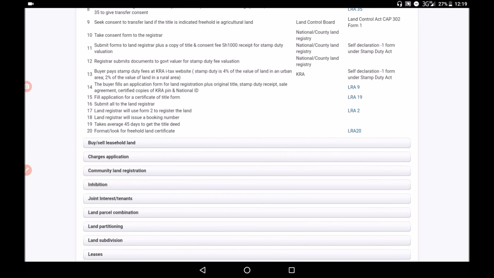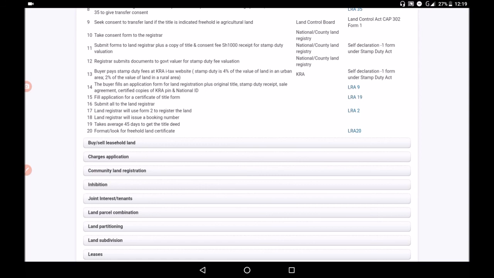Then the land registrar will use form 2 to register the land. This form 2 is actually LRA 2. Then the land registrar will issue a booking number.